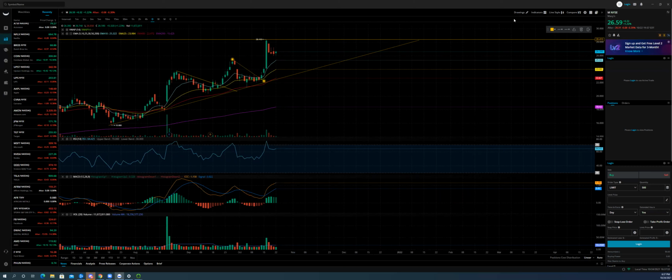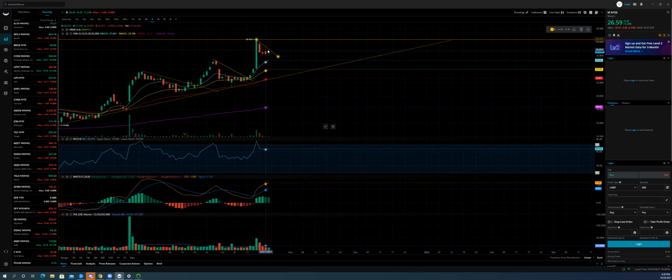Kind of the same thing now we're gonna do right here. Go ahead, draw a line right there. Now that the candle is giving us, you have to wait for the chart to do its thing. And now we look to play this once we get a candle above this line around 26, but then we have resistance here at 27.22.